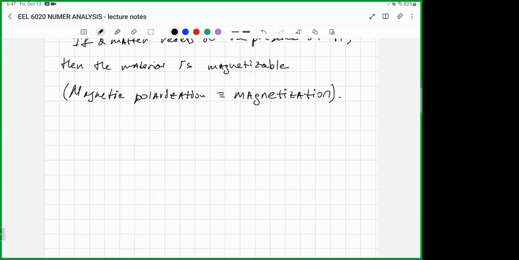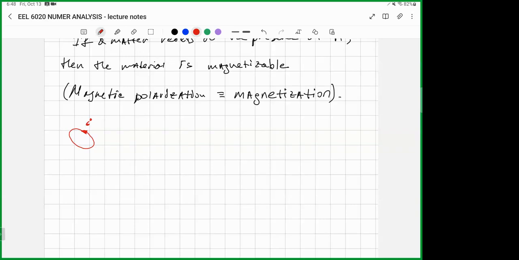So now, as for the magnetics, the magnetizable materials, we introduced the concept of magnetic dipole. And a magnetic dipole is a small loop current. Okay, so it's like a small coil with a current, I small.